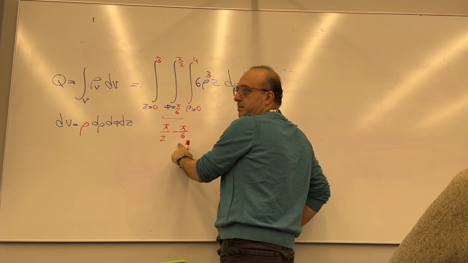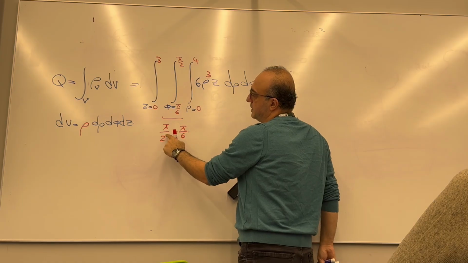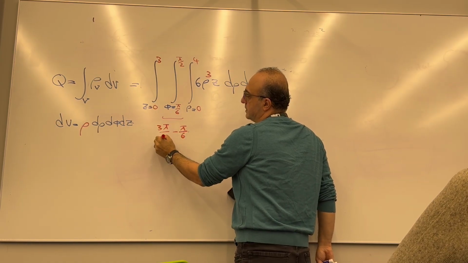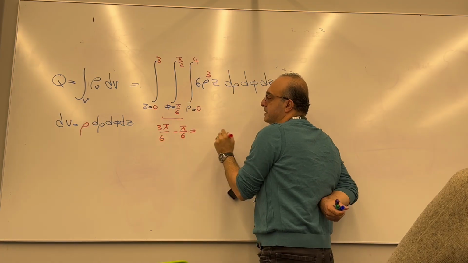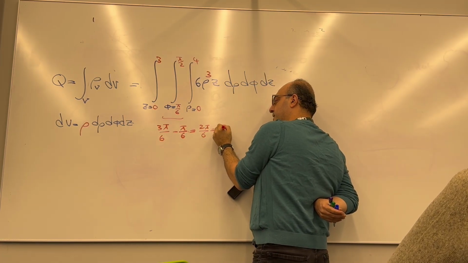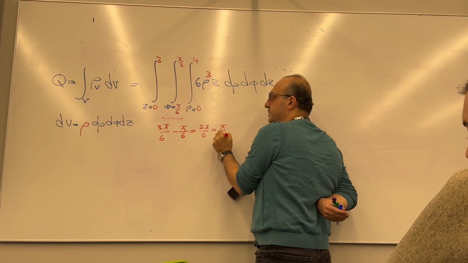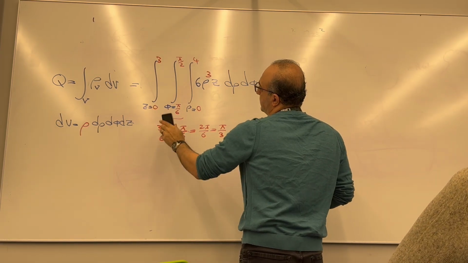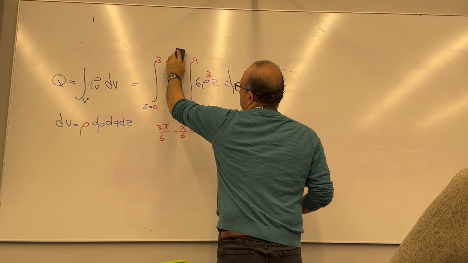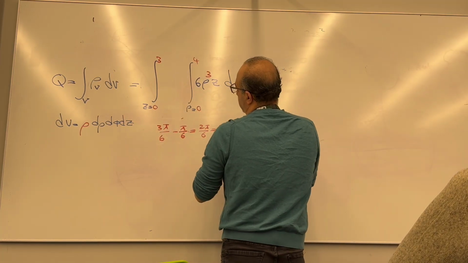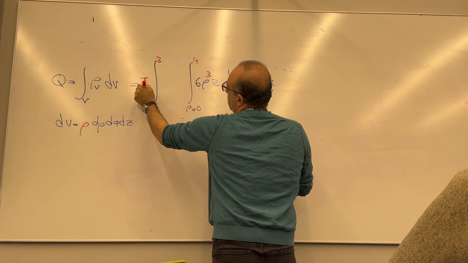Make the denominator similar, multiplying by 3 here: 3 pi over 6 minus pi over 6, so the result is 2 pi over 6, which is pi over 3. Now I can remove this integral and put pi over 3.